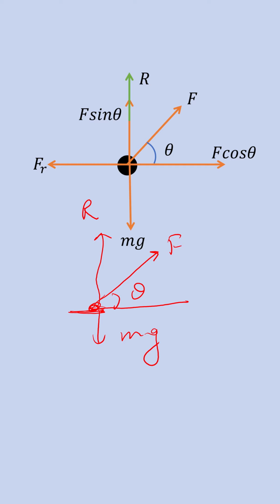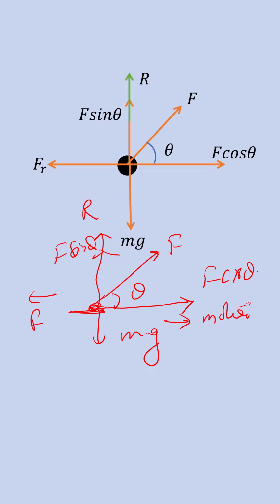This F has two components, F cos theta along the x-axis and F sin theta along the y-axis. And this is the direction of motion. That's why frictional force Fr comes into play in this direction.